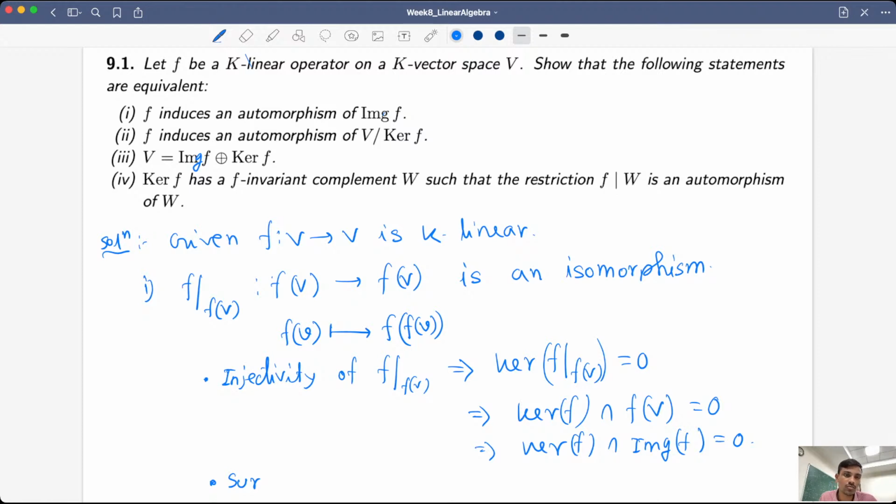I will get another element from V, say w, such that f of v equal to f of w, like f of w equal to f of v, right?